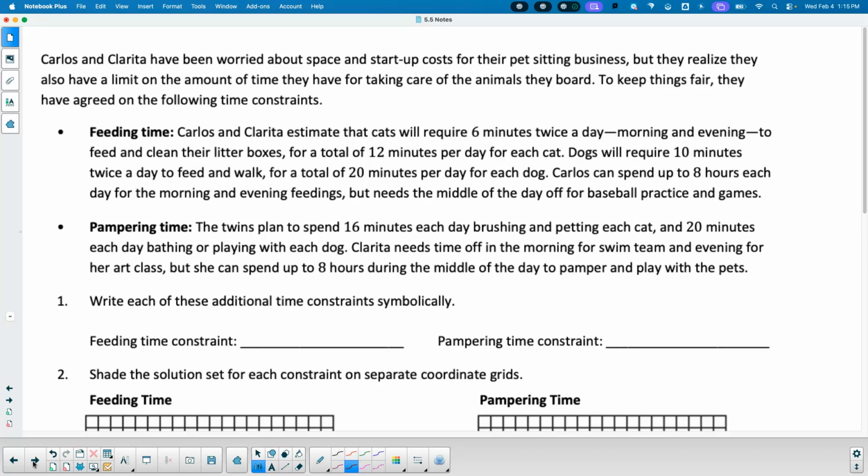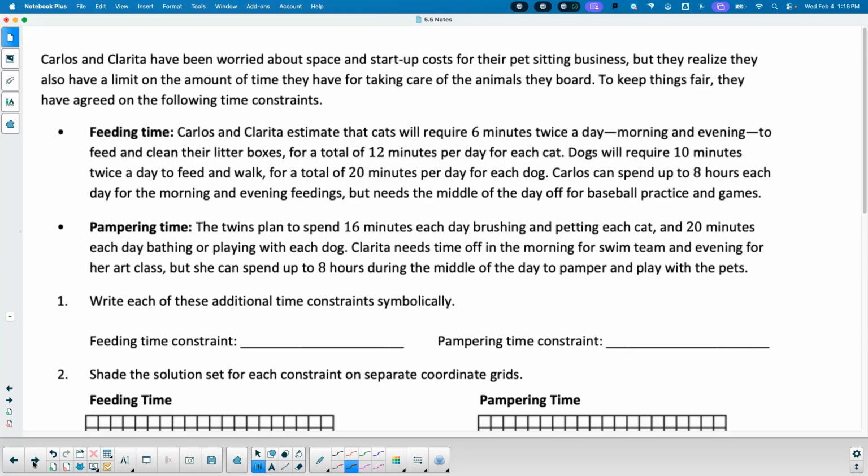Okay? There's one big thing we've got to fix before we can go on. Does anybody see it? What about the 8 hours? To get the minutes, right? Because they were talking about each cat and each dog in minutes in the problem, but then they were talking about themselves in terms of hours.